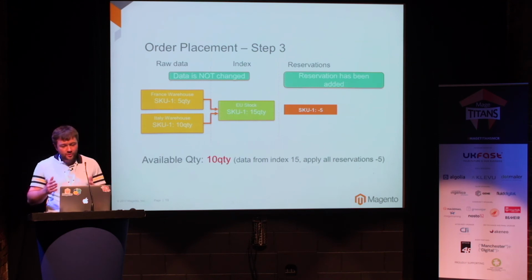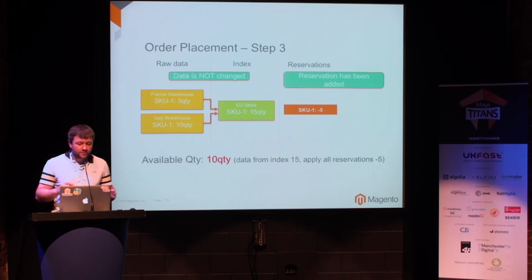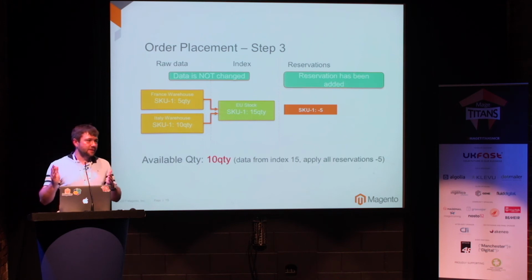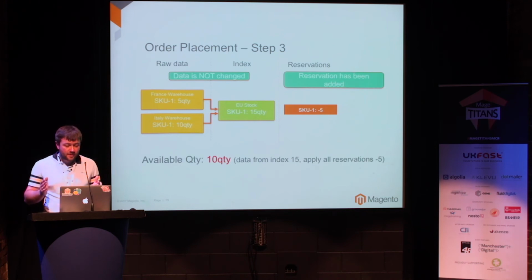That's all. We made that append-only reservation of -5 to fulfill that order. We don't update real data, neither for the France source, nor the Italy source, nor the EU stock. So the index data is still the same, and all we've done is create a reservation.